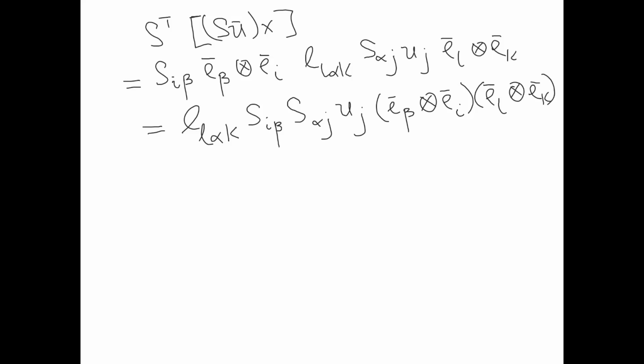Of course, you know that the inner basis vectors become your chronicle delta because they are orthonormal bases.